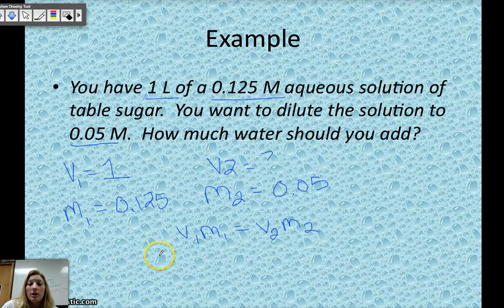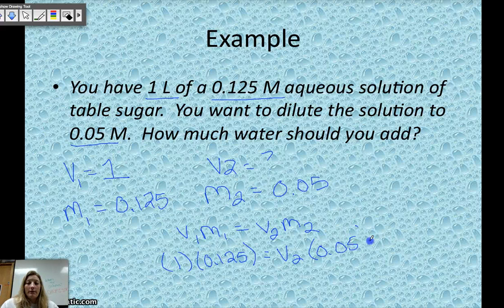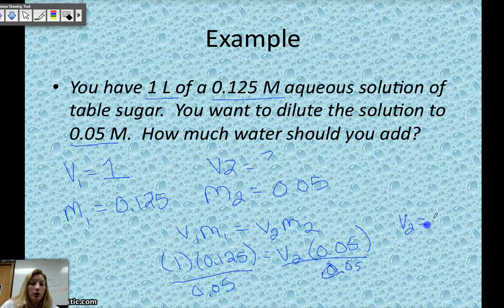So if we plug this into our formula, we have 1 times 0.125 is equal to our unknown times 0.05. So in order to solve for our V2, all we have to do is divide by 0.05 on each side. So if we then take 0.125 divided by 0.05, we would get a V2, or a final volume, of 2.5.